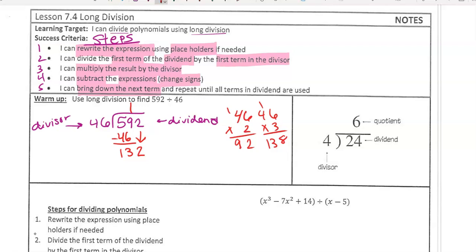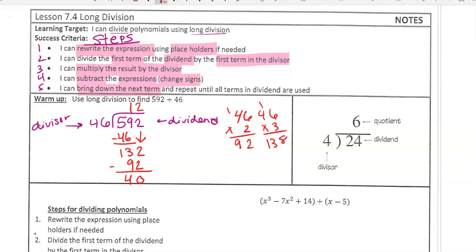We need it to be 132. So it can definitely go in 2 times at 92. Subtract again. 132 minus 92 is 40. All right, so 46 goes into 592 12 times, and our remainder is 40.